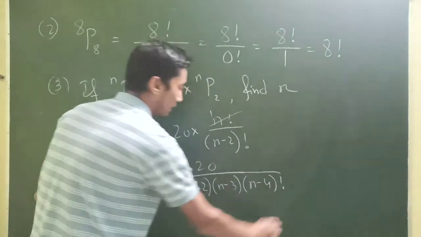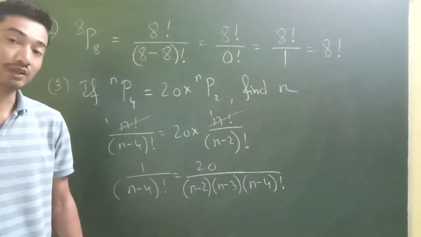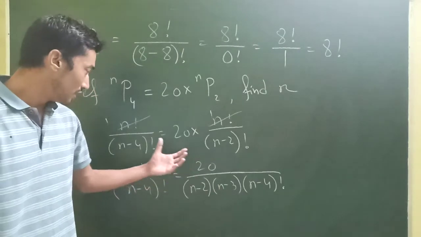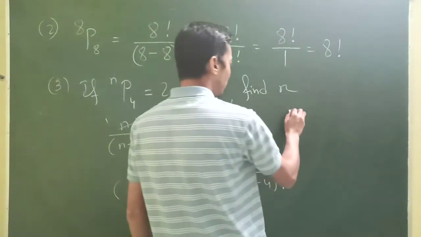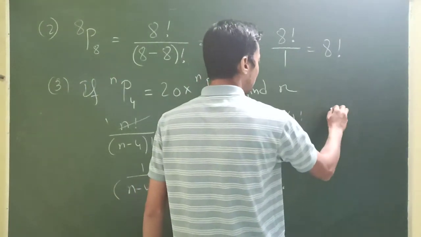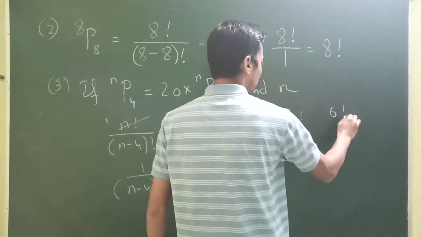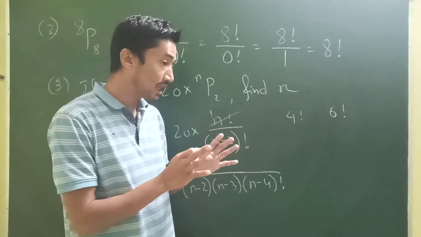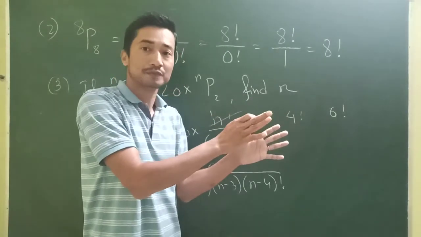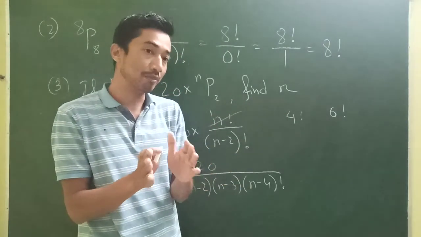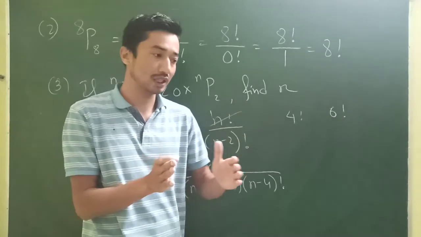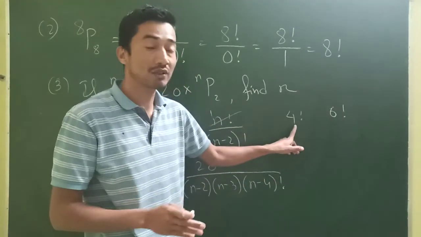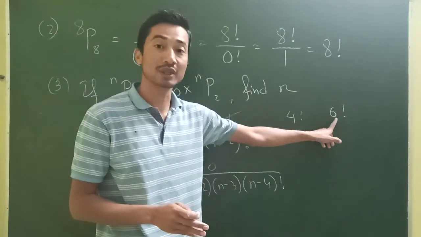We have already learned factorials, so I believe I don't have to explain that to you again. But still, if you remember, 4 factorial, 6 factorial. Which of these factorials should I expand to get to the other factorial? We should always expand the bigger factorial to get to the smaller factorial. If I expand 4 factorial, I am not getting anywhere near 6.